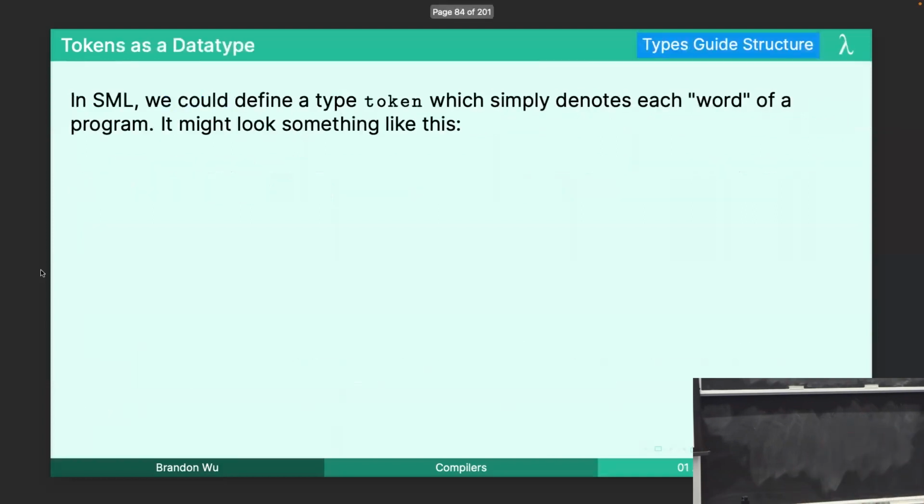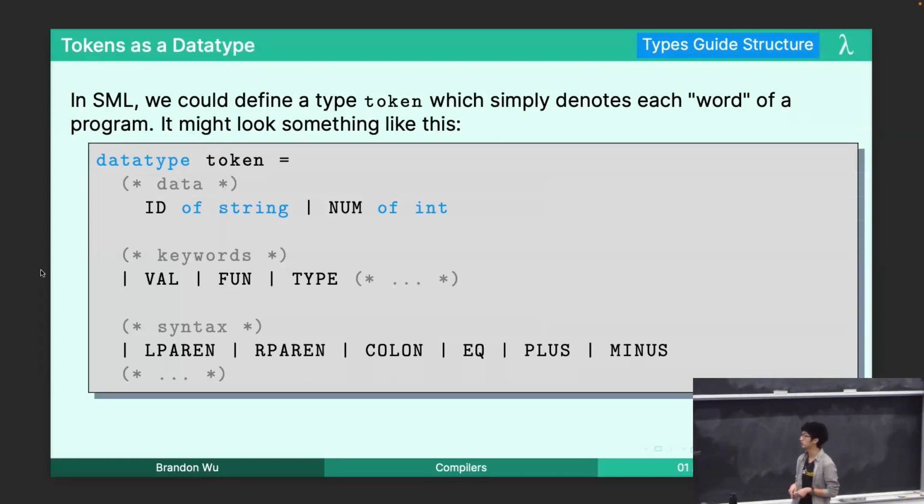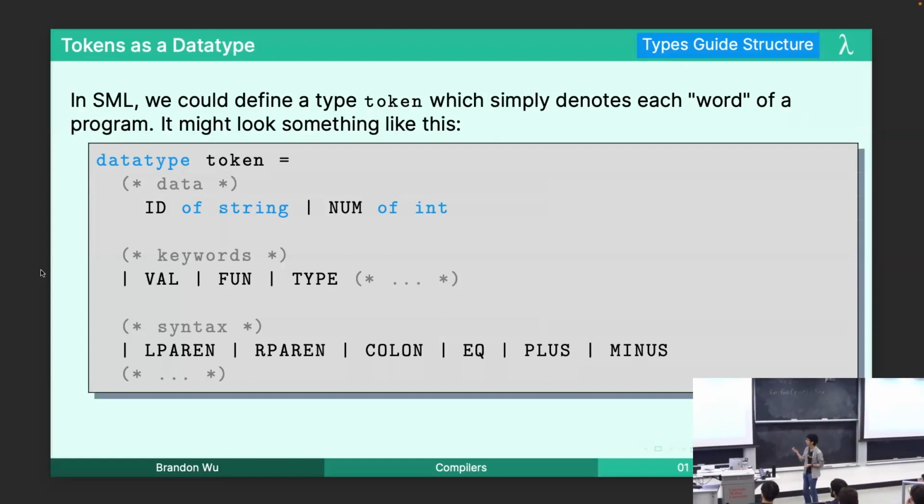The reason is that we're going to have to represent these tokens in SML. And here's how we might represent tokens. It's going to be a gigantic variant, a gigantic sum type. If I have a token, I might be holding a token that's val, or fun, or type.